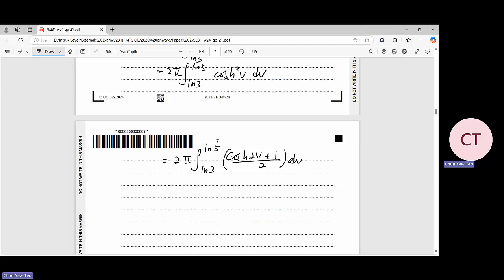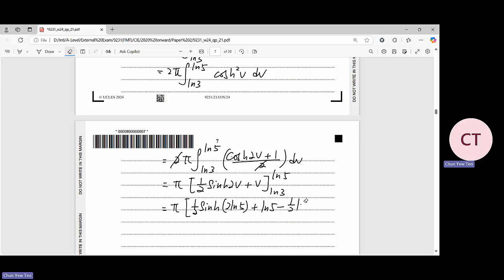Now the 2 can cancel, so this one will be pi. We integrate this, cosh 2v will be half sinh 2v. Integrate 1, you get v. Then you have ln 3 to ln 5. So if you use your calculator, we put in the value first. This one will be 2 ln 5 plus ln 5 minus a half of sinh 2 ln 3.